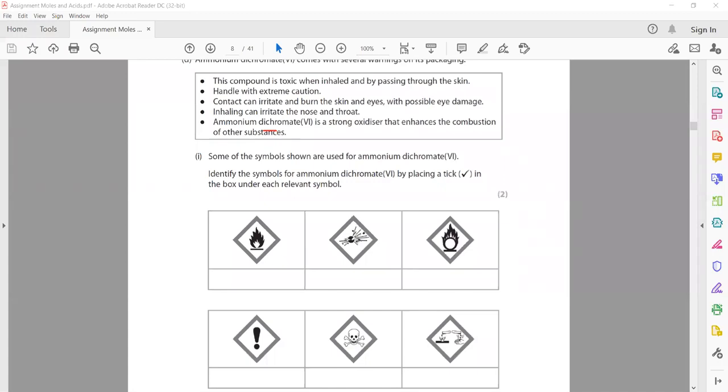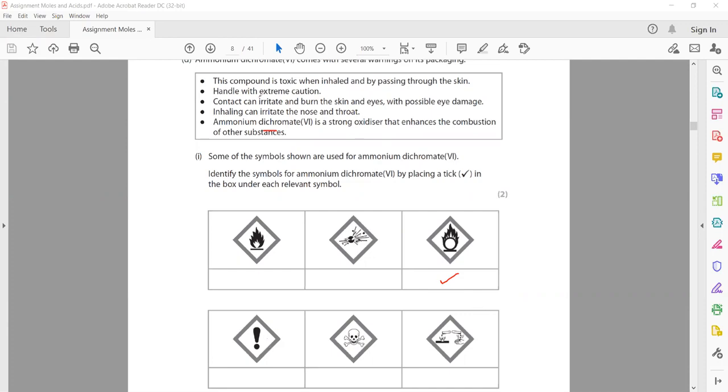Because it is an oxidant, this is the symbol for oxidant. This means it's a violent reaction. This means it's a flammable substance, but itself it is not flammable. It is oxidizing, so it can cause fire or combustion of other substances, not flammable.